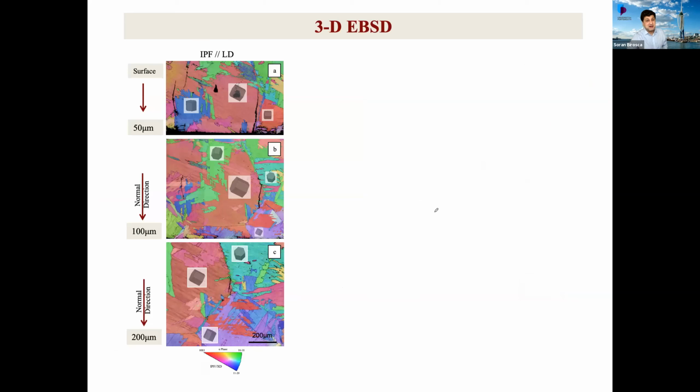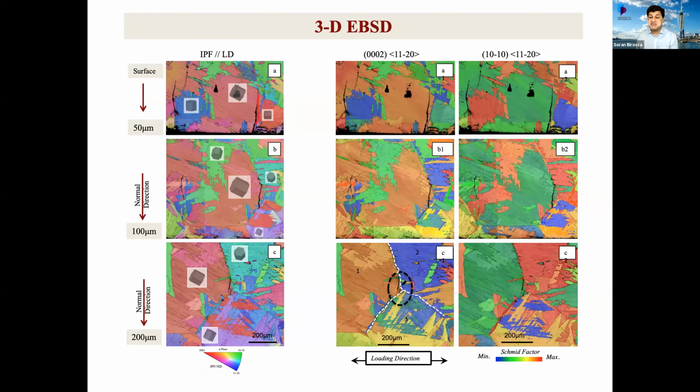Now, if we look at this part, we did some 3D EBSD. So what we did, we ground and polished the material, and we looked at how the crack is actually going through the material. And in fact, we were right, because from the surface, we go deep inside the material. We found out the crack can easily go through the material, and the crack initiation is actually in the triple point.